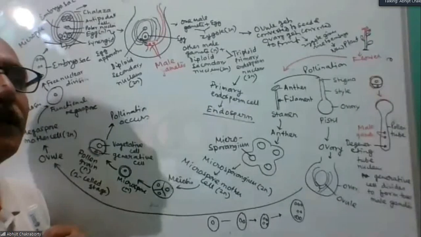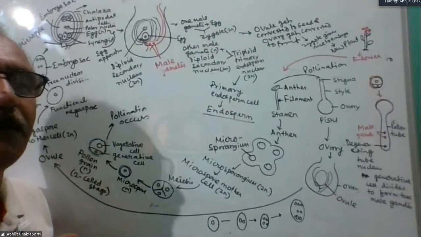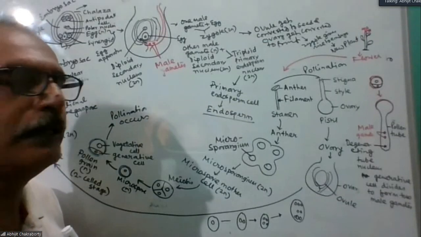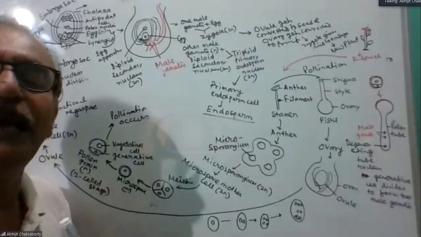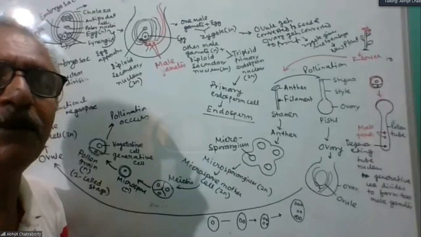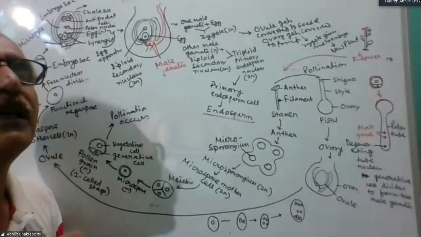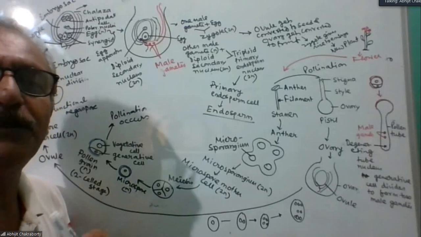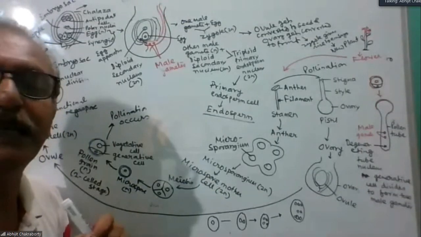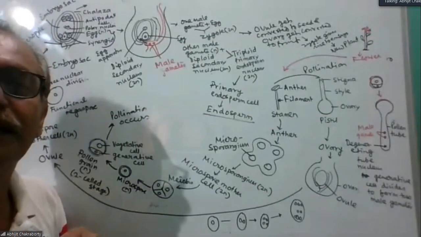That's why the zygote, after being formed, is found in a dormant state, so that in the meantime the endosperm can be formed from the primary endosperm nucleus. Till the endosperm is formed, embryonic development cannot be initiated. That's why the zygote is dormant just after fertilization.